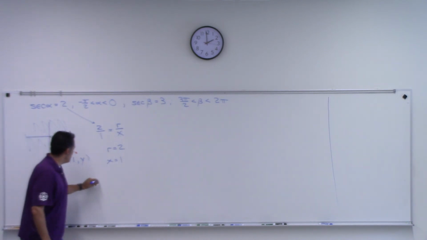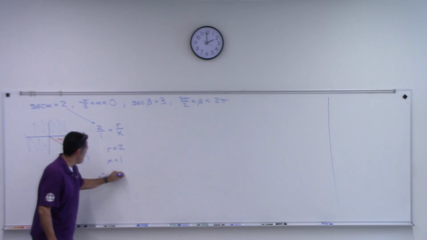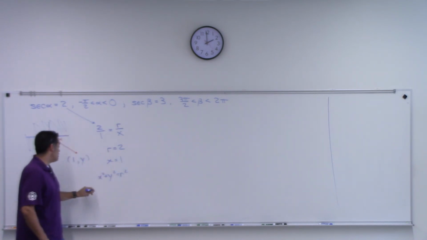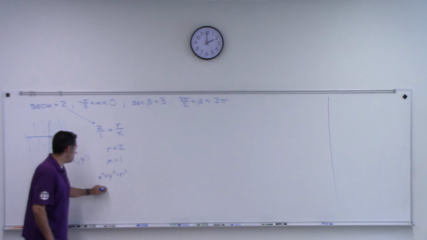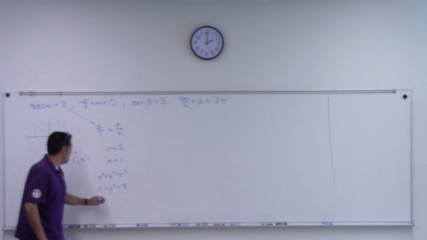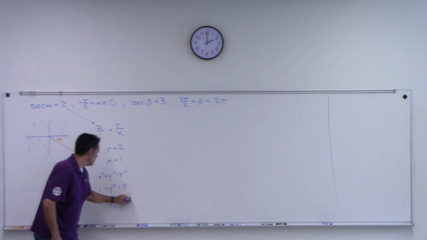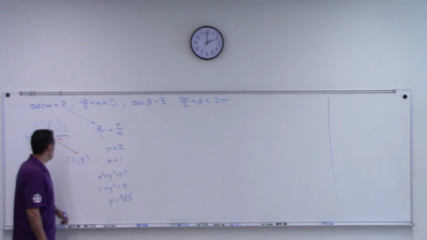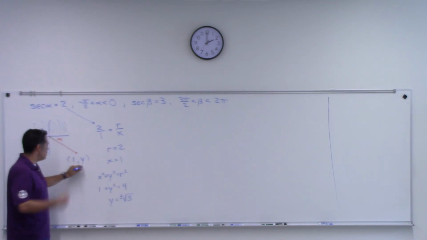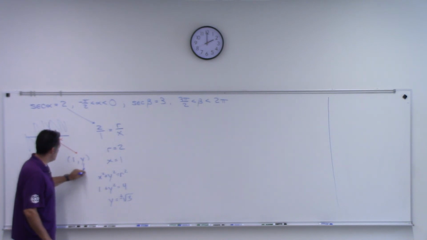So I'm going to use my Pythagorean: x squared plus y squared is r squared. 1 squared is 1, plus y squared equals r squared. R is 2, so 4. Y equals plus or minus the square root of 3, and we're going to take the negative. I just took the 4, subtracted 1, got 3, took the square root. So this is going to be negative root 3.